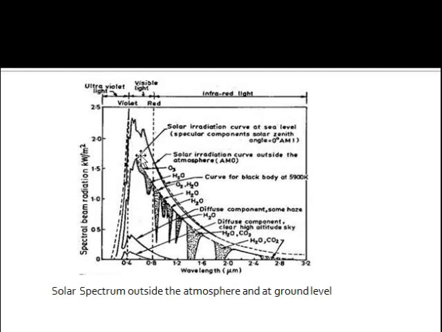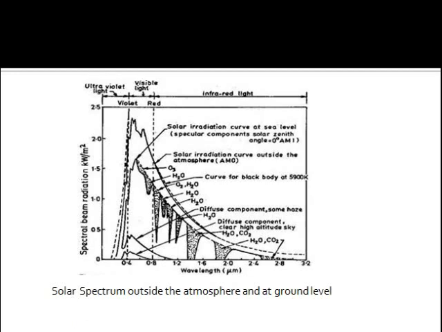These are the absorptions by different components, H2O and others, at different frequencies where radiation has been absorbed. And here you have a diffused radiation component, of very low intensity, with only 0.5 kilowatt of energy per meter square.